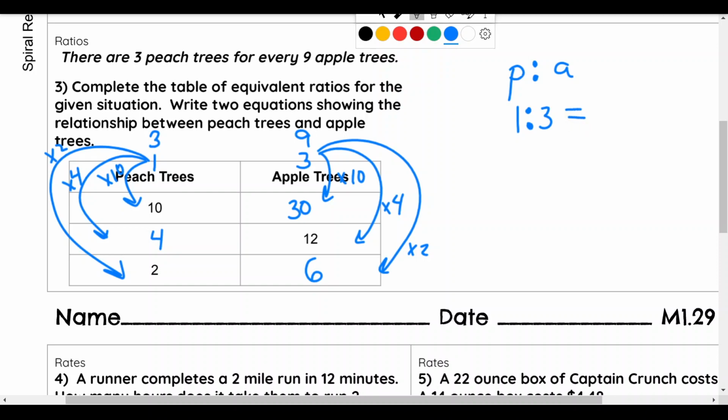And if I write that as a fraction, as a ratio value, the peach trees are 1/3 of the apple trees. And I can look over at my table and see that 1 is 1/3 of 3.